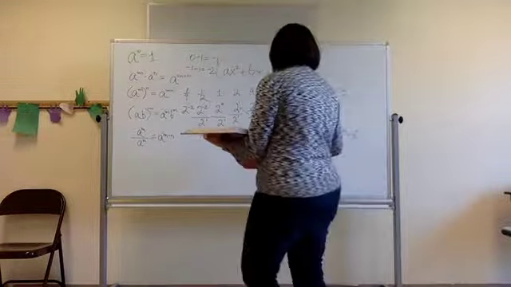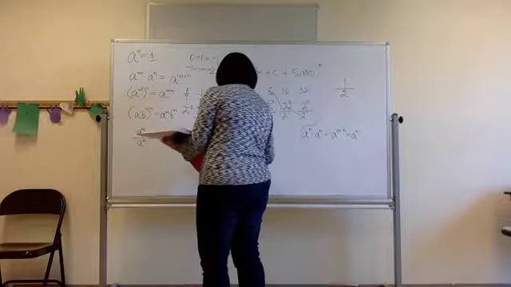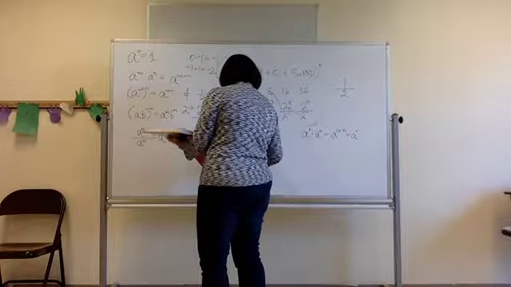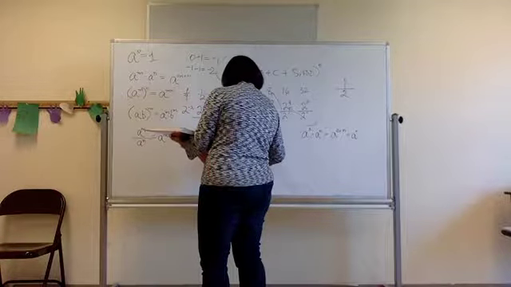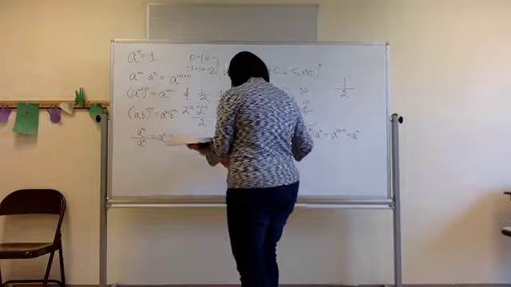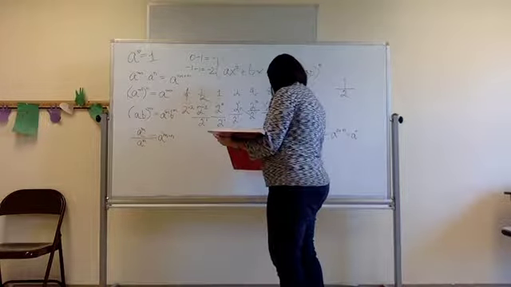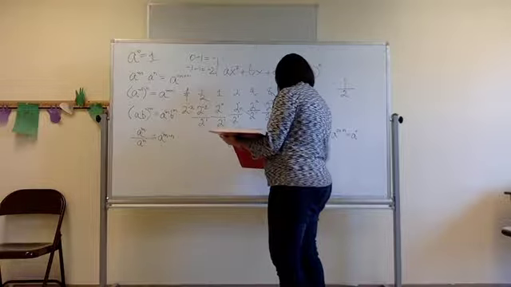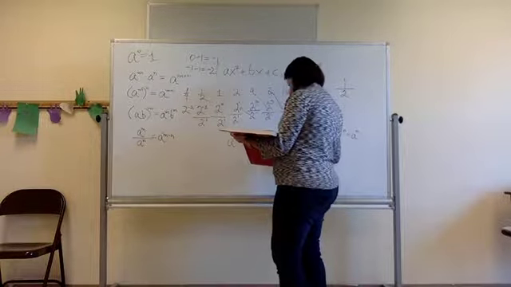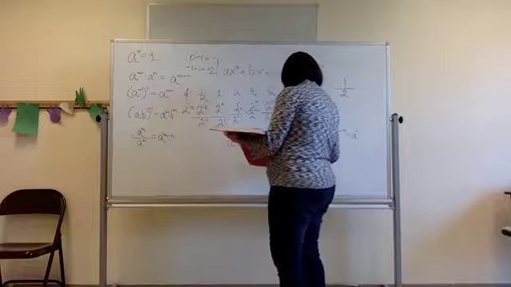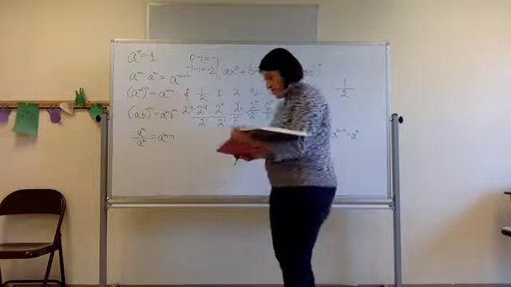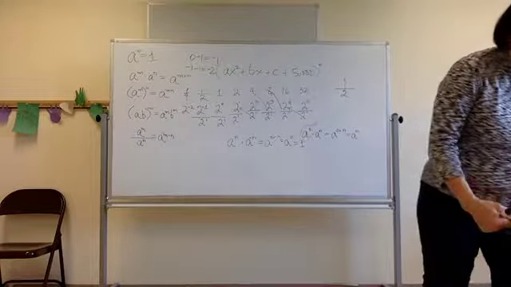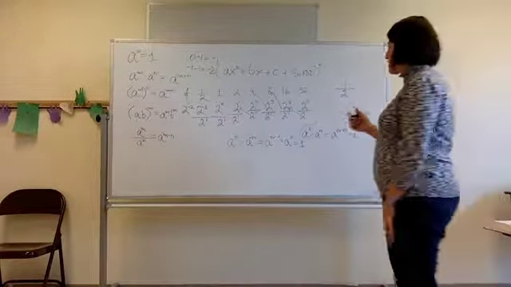Now, here's the other thing they say. If I have a to the n times a to the negative n, then I add these up: a to the n plus negative n, which is a to the 0, and that equals 1. Because of that, they're saying those are multiplicative inverses. Remember the multiplicative inverse property?